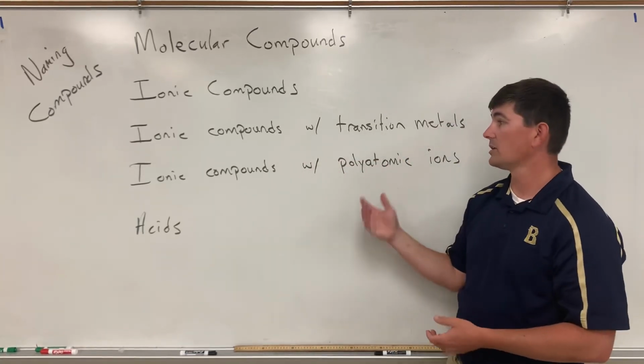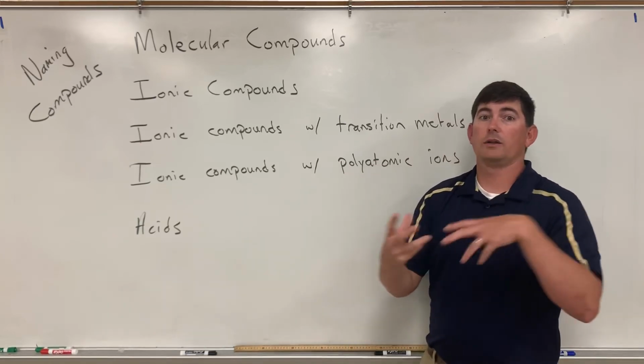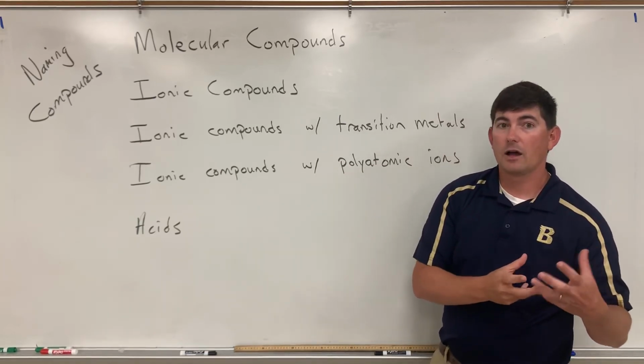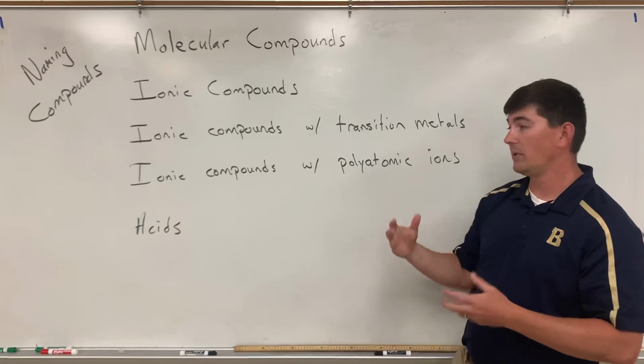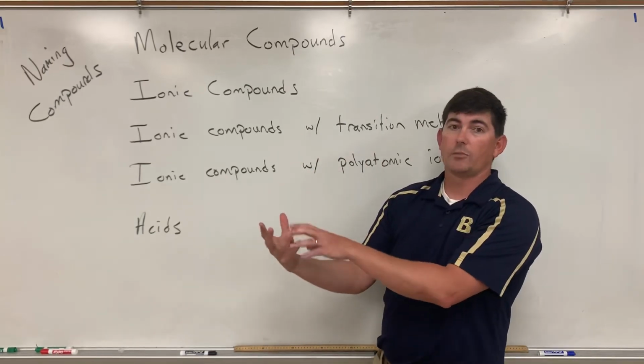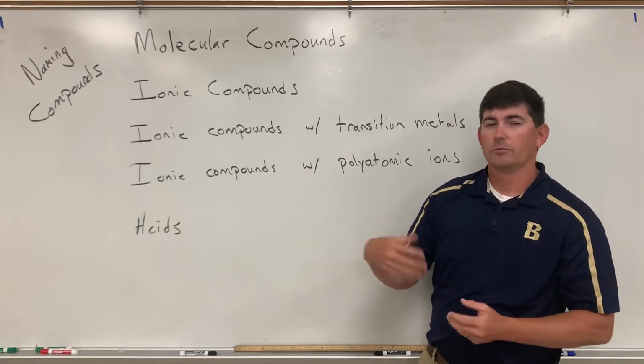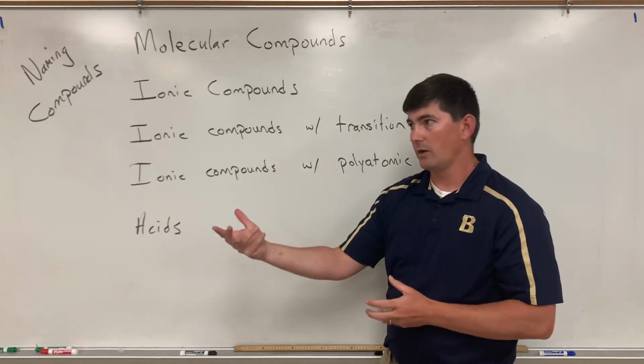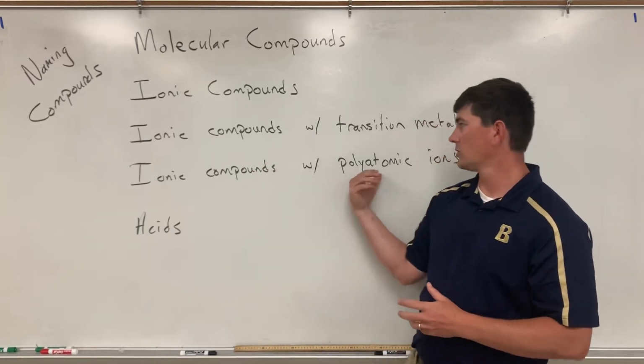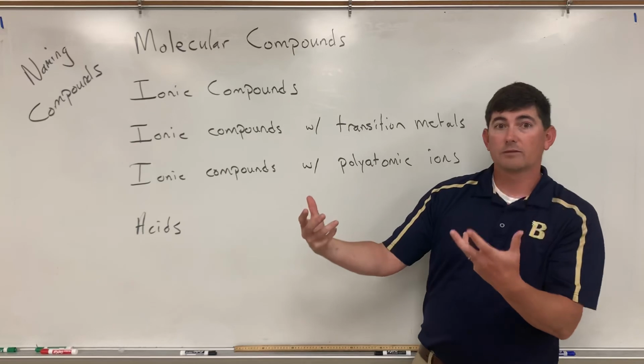Or in the case of a polyatomic, it's a metal bonded with a polyatomic ion that is negatively charged. Or it could be a positively charged polyatomic bonded with a nonmetal. Or it could be a positively charged polyatomic with a negatively charged polyatomic.